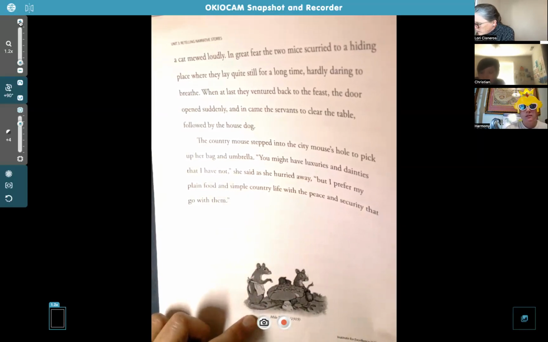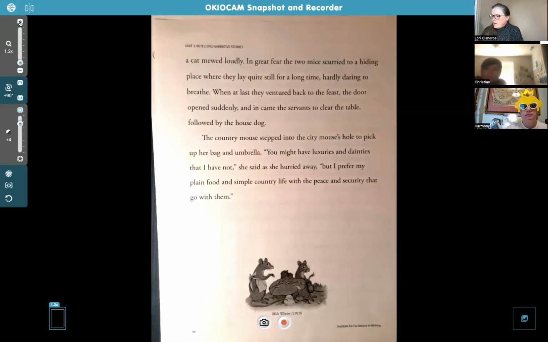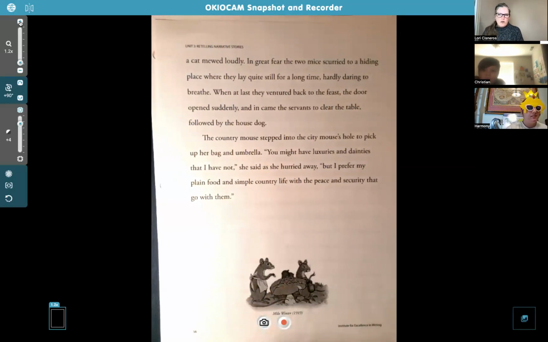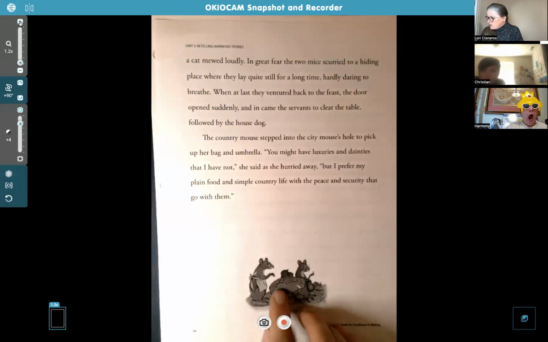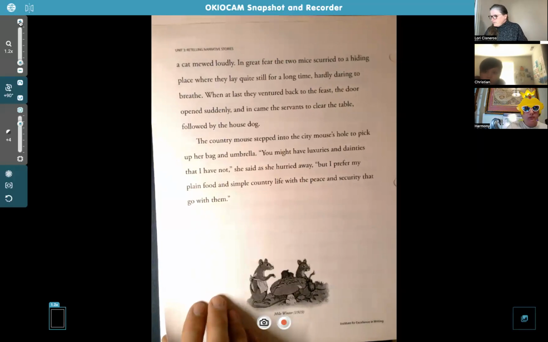And the city mouse had the bag because the city mouse came there. I agree, because the other thing is the city mouse didn't have to cook anything or prepare anything, right? They just showed up and tried to eat from the table. But the country mouse actually had to prepare the food, like go get it and bring it to the table. Here you can see the wheat and the acorn. I think you're right, Christian. I agree with that. Okay.